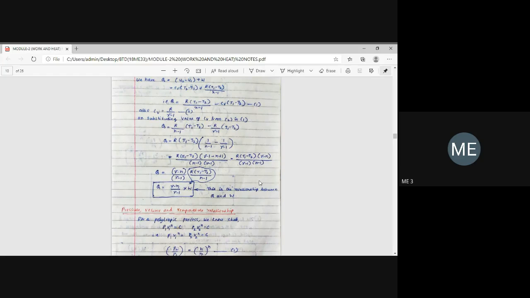Okay, hope you understood this one. R by Cv equals, wait a minute, I think that equation is there. Just check it out.